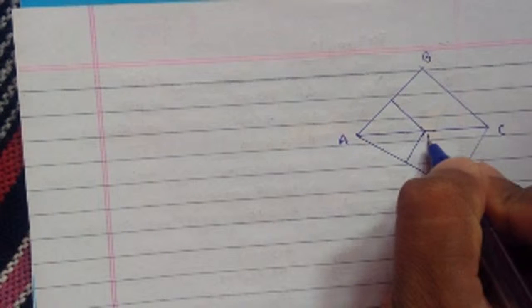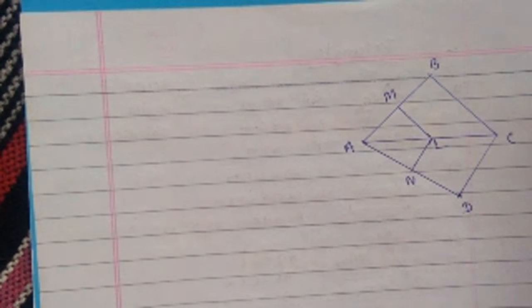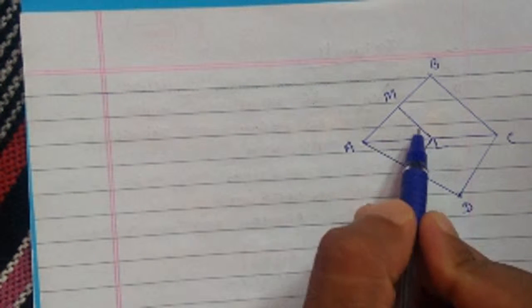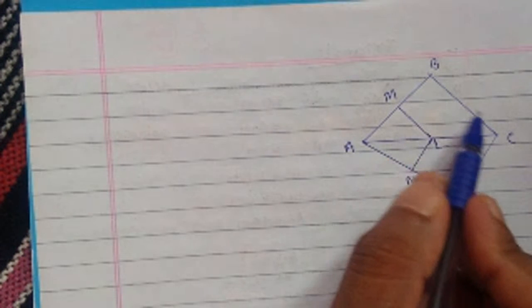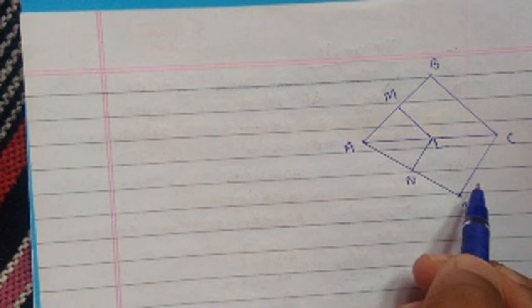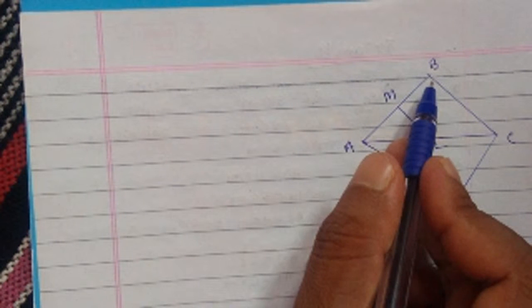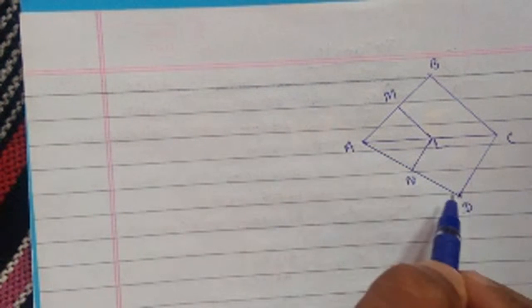So the intersected point is L and the end points are given as M and N. In figure 2.18, LM is parallel to BC and LN is parallel to CD. Prove that AM divided by AB is equal to AN divided by AD.